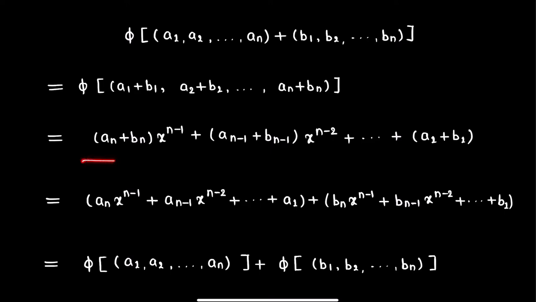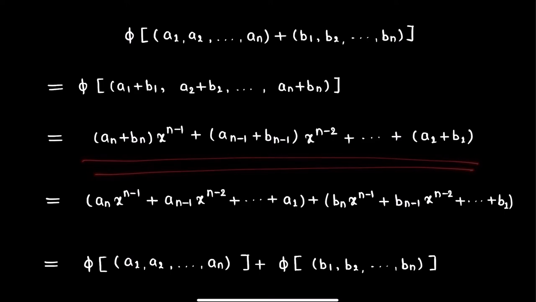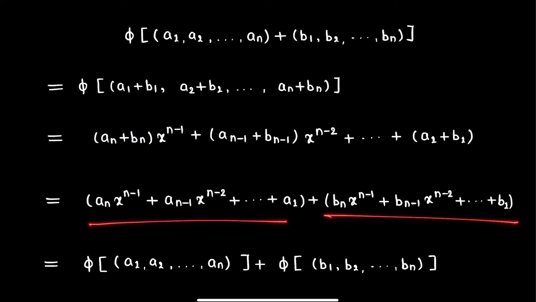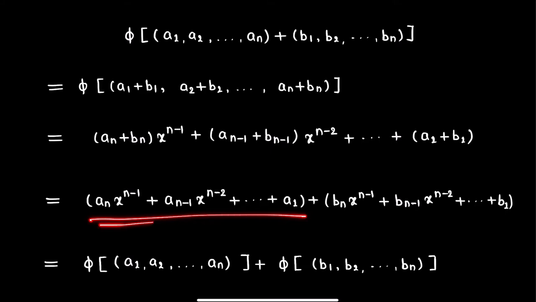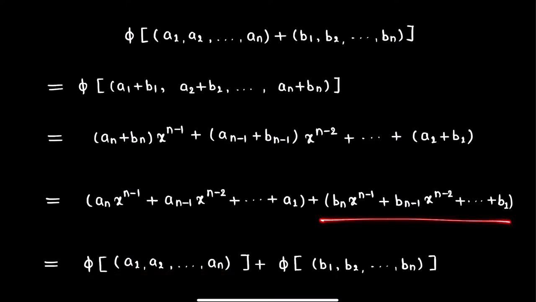Now note that this polynomial is the addition of these two separate polynomials: an x to the power n minus 1 plus an minus 1 x to the power n minus 2 plus and so on plus a1, plus bn x to the power n minus 1 plus bn minus 1 x to the power n minus 2 plus and so on plus b1. Now this polynomial is the image of the ordered n-tuple (a1, a2, ..., an) under phi, and this polynomial is the image of the ordered n-tuple (b1, b2, ..., bn) under phi.